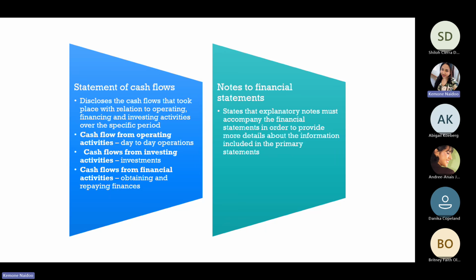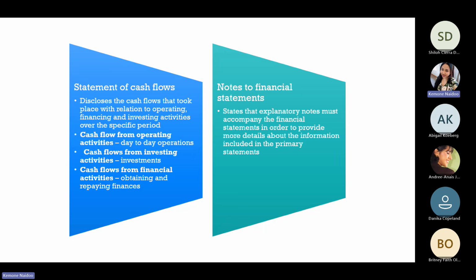Then it's looking at money coming from investments, and then obtaining and repaying finances. This is also very important as part of cash flow. And then we have the financial statement notes. These are notes that come along with financial statements. They help us put everything into perspective and give us more information.